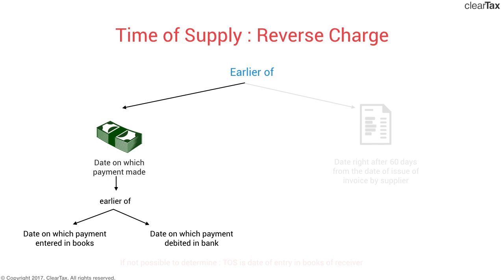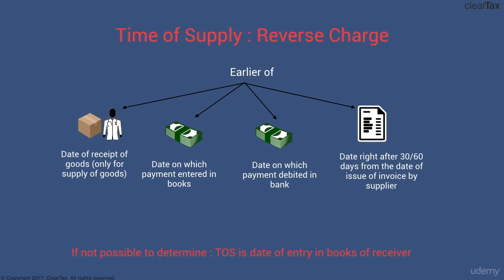And therefore, as we did for time of supply under normal services, we can broadly generalize the time of supply under reverse charge. There are only 4 dates that you'll have to take into account. The first one is only for supply of goods, the date of receipt of goods.